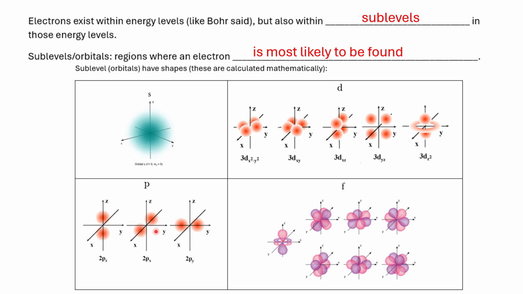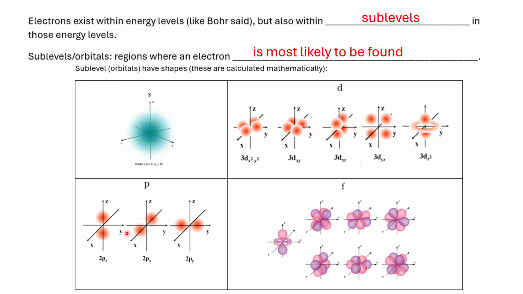S and P, which you were a little familiar with from the POGIL, are the first two. And first of all, understand, again, these are not the paths that electrons are taking. If you have a spherical sublevel, the S sublevel, this does not mean that an electron is orbiting in a circular fashion. It just means that this is the cloudy sort of region where we're most likely to find an electron if it's in an s orbital.